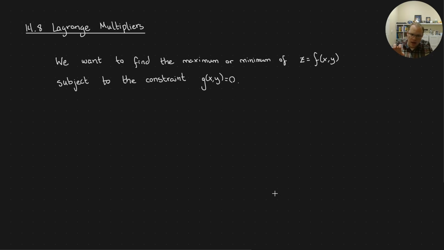Okay. This has some good real life application. So imagine you're running a business. Now you want to maximize your profit. Maybe this is your profit function. But you can't just make however many of product X and however many of product Y you want. You have only a limited number of factories, only a limited capacity.